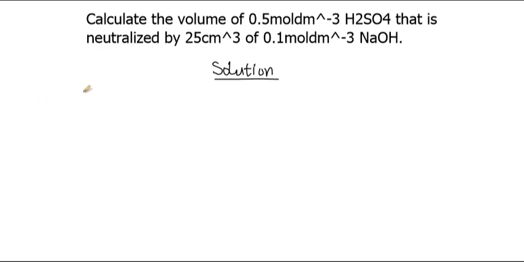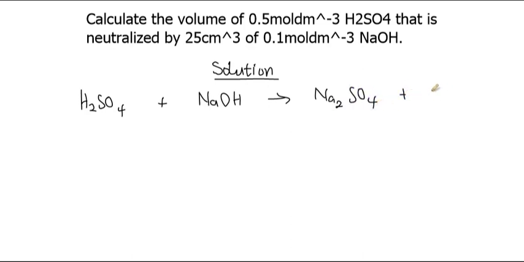We start with the acid, tetraoxosulfate(VI) acid, that is H2SO4, reacting with the base, sodium hydroxide. To give the salt, we'll be having sodium sulfate, Na2SO4, and water.